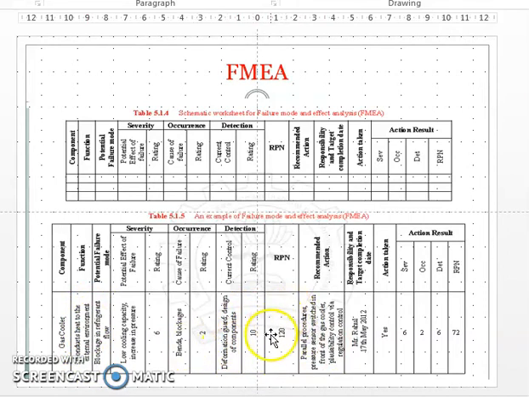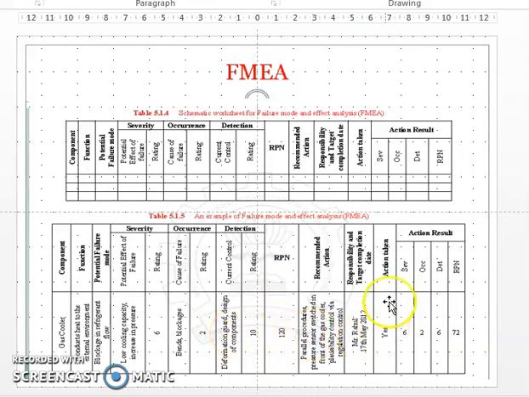If you calculate the RPN for this particular failure, it will be 6 into 2 into 10, it will be 120. Then some action is taken, a modification for how to identify the failures.